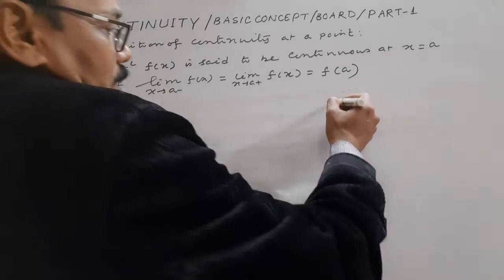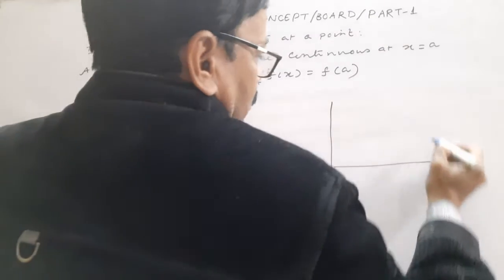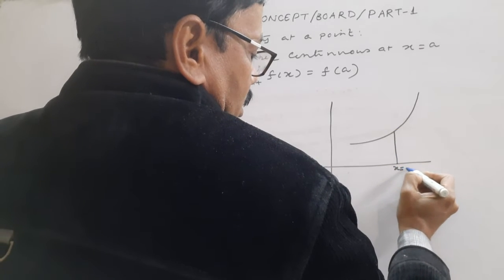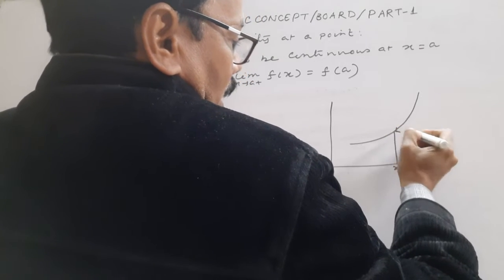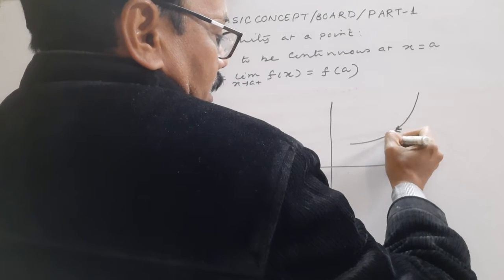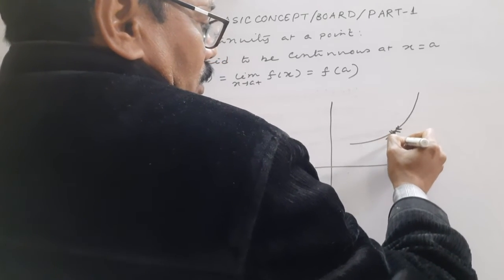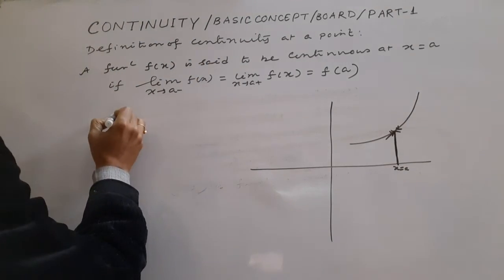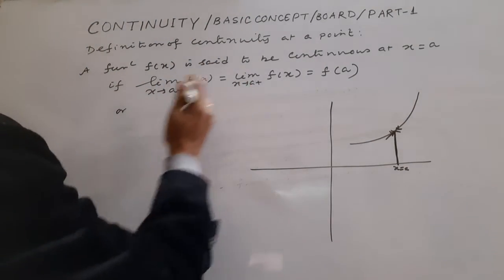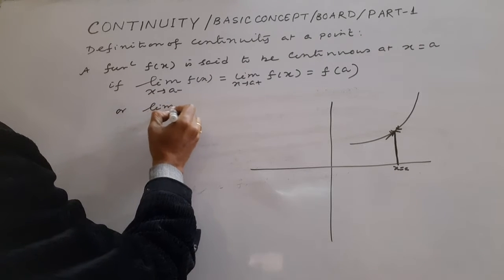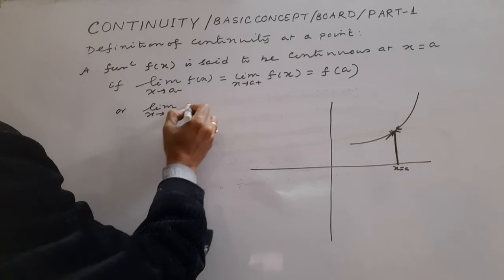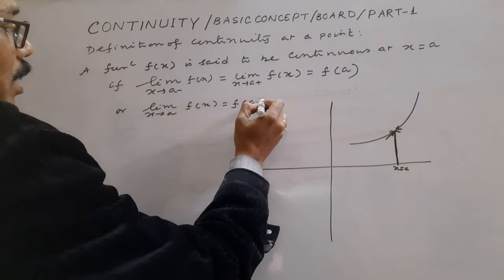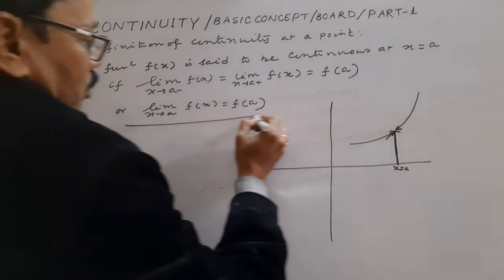So all are the same. At x equals a, the right hand limit and left hand limit all coincide. Or if left hand limit equals right hand limit, then we can write it as limit x tends to a f(x) equals f(a).